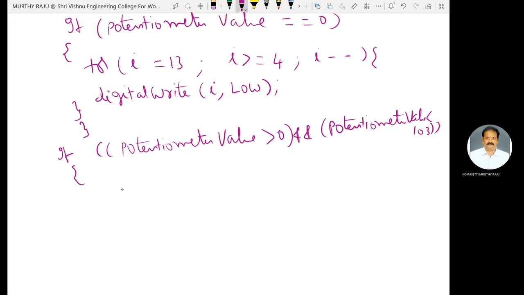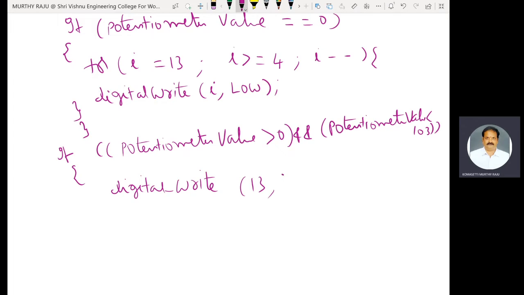Therefore, the first LED, that means the 13th pin, must be on. On means digital write, high. Delay is 100 milliseconds.